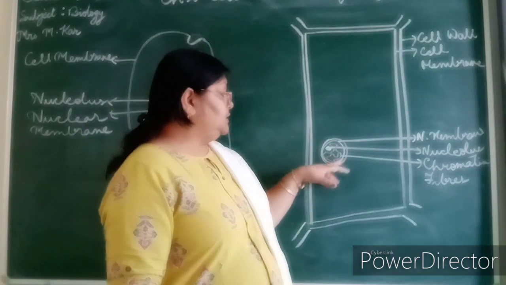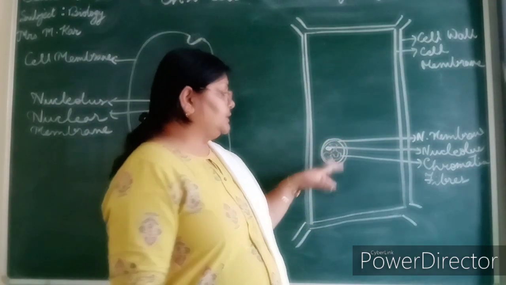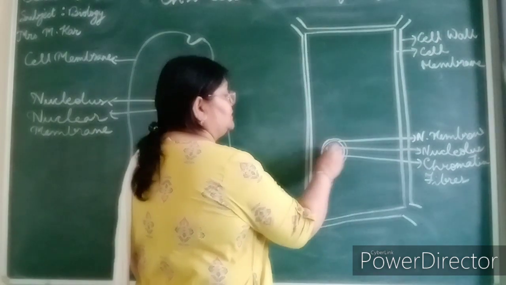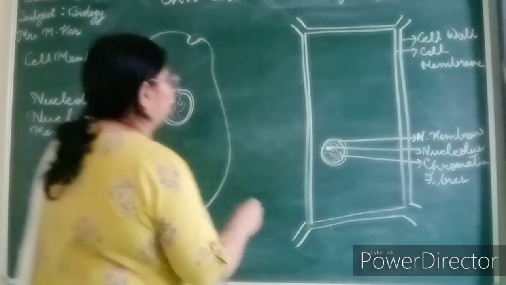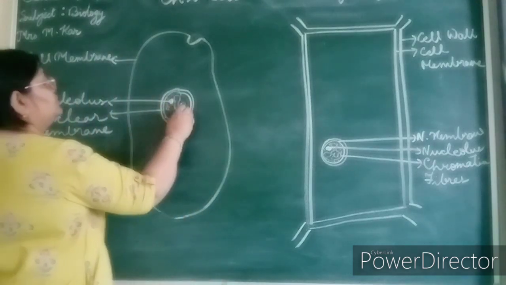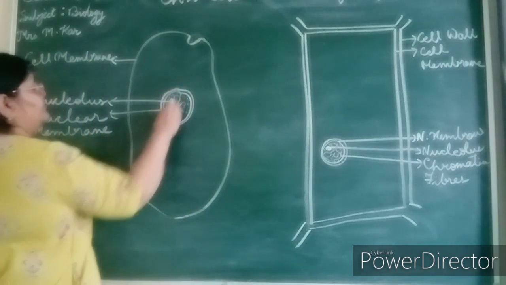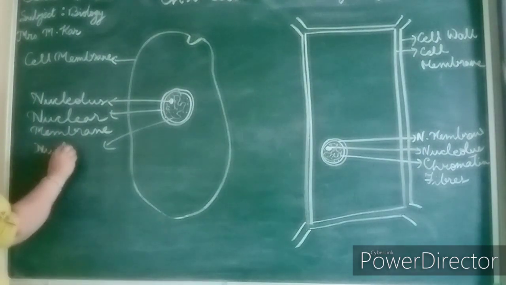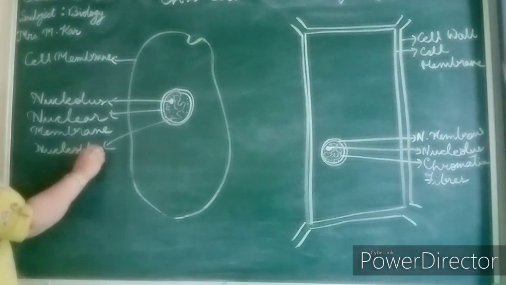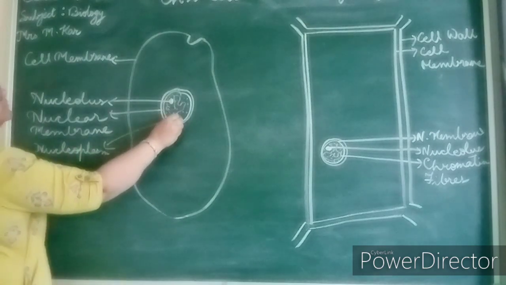Okay. Now this nucleus has a jelly-like substance which is called nucleoplasm.